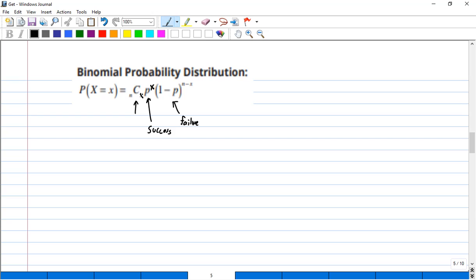X is the number of successes in N trials, so that power is X, and this power up here is N minus X. So really we have to work out this, and then multiply it times this, and that will give us the probability that we're looking for.